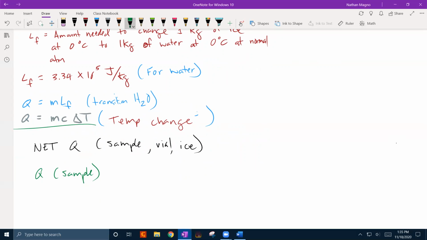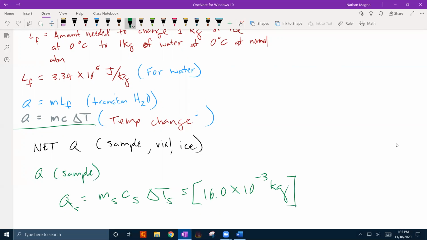So we're going to have Q, I'll denote it with Q subscript S, equals mass of the sample times the specific heat of the sample times the temperature change of the sample. And plugging in our values, we'll get 16 grams, or put it 16 times 10 to the negative 3 kilograms, just to put it in SI units, times the specific heat, which is given.